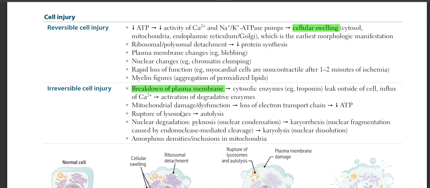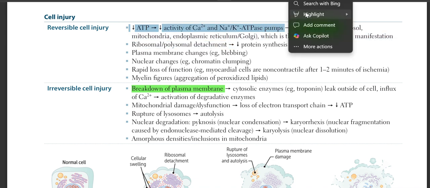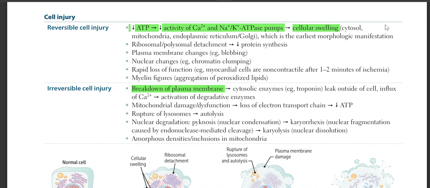The mechanism of why reversible injury happens is very important. Basically, we want to know that the sodium potassium pump will stop working. If it stops working, what will happen?